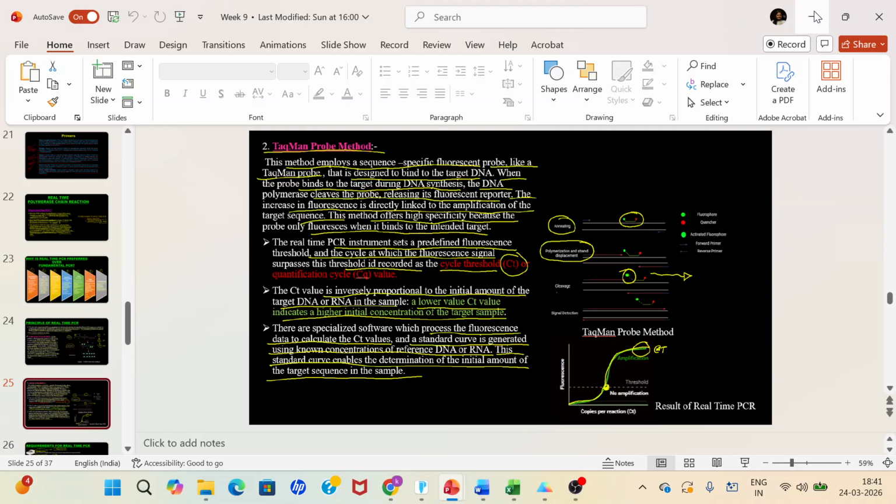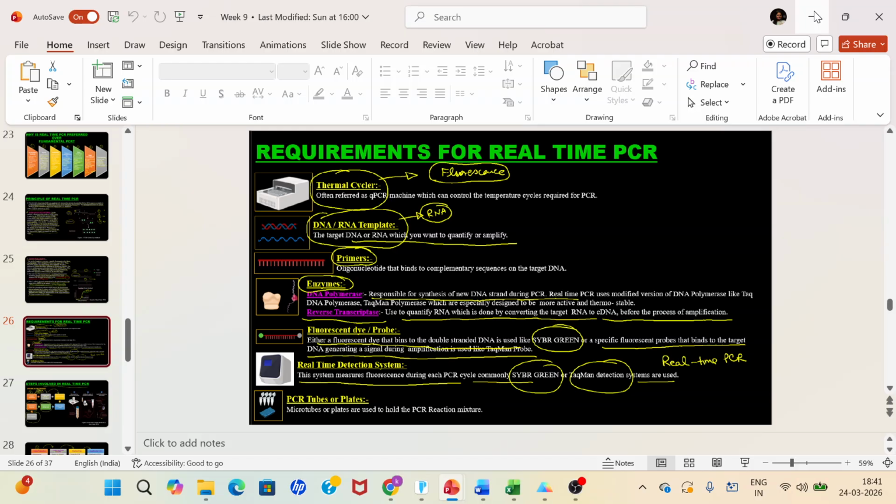The increase in fluorescence is directly linked to the amplification of the target sequence, and this method offers high specificity because the probe only fluoresces when it binds to its intended target. So this is what the TaqMan probe method is.